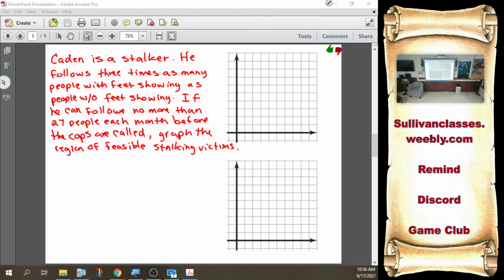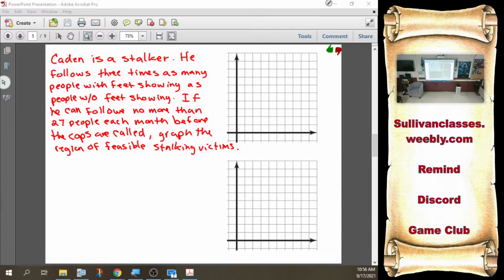Because it doesn't say total? It doesn't say how many people he stalks in a year. Okay, so it says no more than. What would the Y be? It'd just be Y. It'd be multiple.